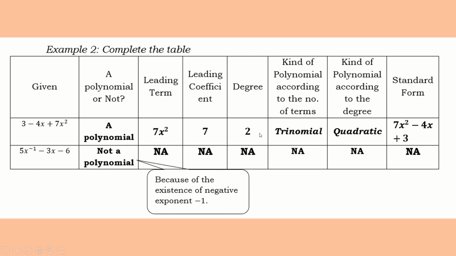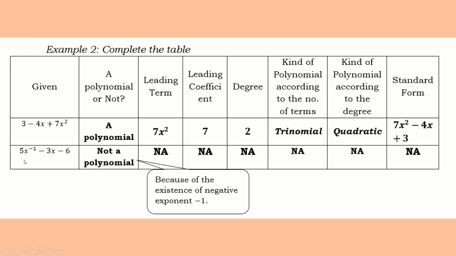The degree is 2, and the kind of polynomial is trinomial because it is composed of 3 terms. What kind of polynomial according to the degree? Quadratic because the degree is 2. For the standard form, we have to arrange it from the highest degree down to the lowest degree. So we have 7x squared minus 4x plus 3.